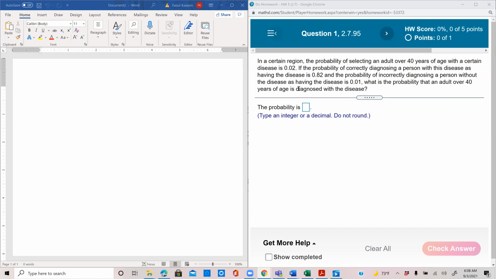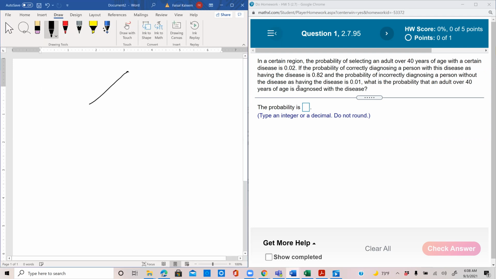So in this kind of problem, the easiest way that I find is by drawing a tree. A person may have the disease or may not have the disease. So first thing that we have is disease. Let's call it being sick.